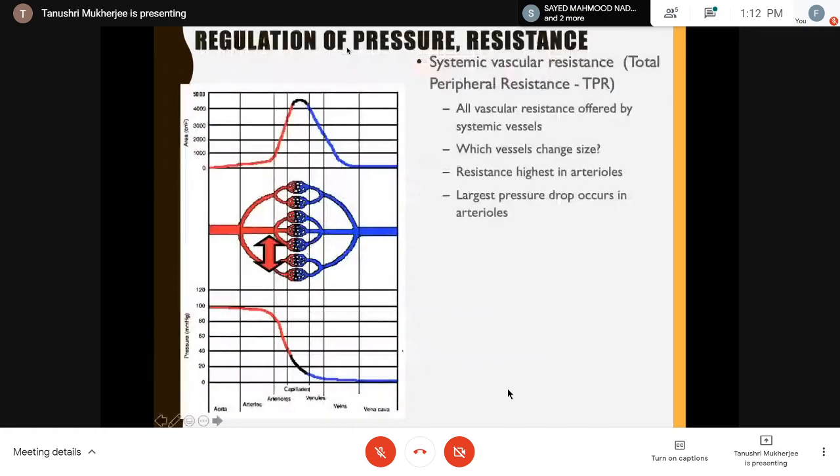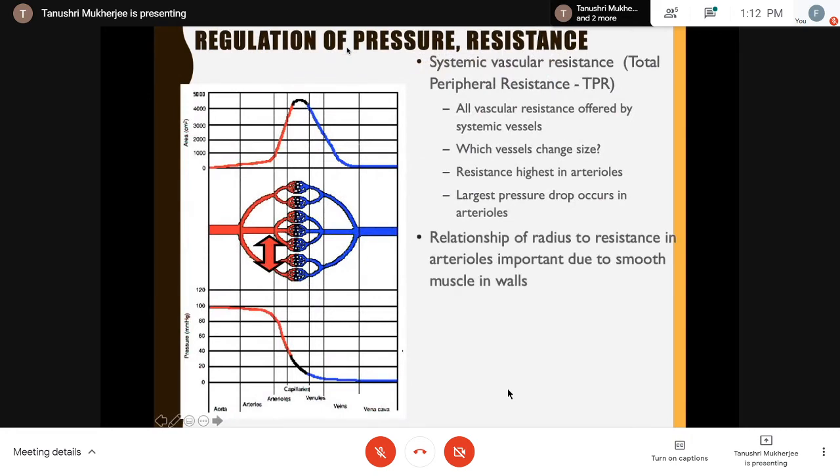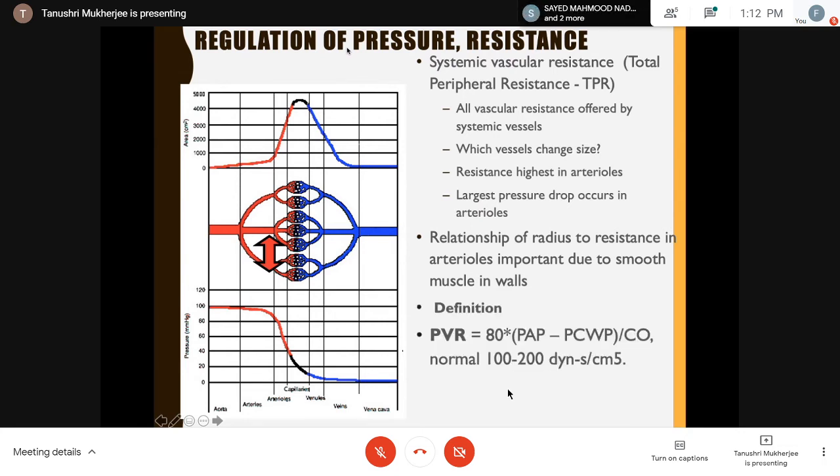So the regulation of pressure and resistance, like the systemic vascular resistance, the total peripheral resistance, and the total resistance, this all vascular resistance is offered by the systemic vessels. So basically you should know the peripheral vascular resistance and the systemic vascular resistance and how to calculate them.